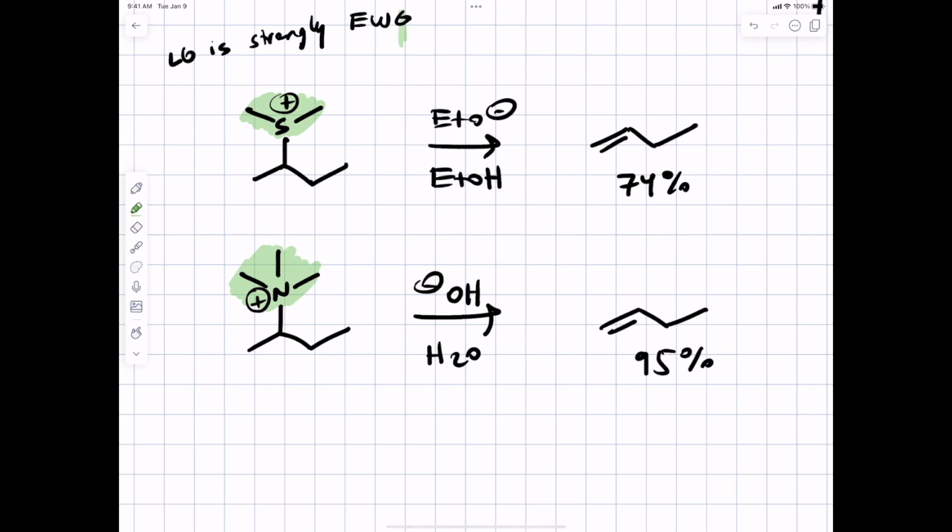And what that does, I don't know what I'm trying to do there. I'm trying to erase. There we go. And another way of thinking of those leaving groups as being strongly electron withdrawing is that the carbon-leaving group sigma star is decently low in energy. Remember, electronegative things move things downward, right?